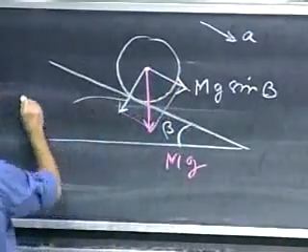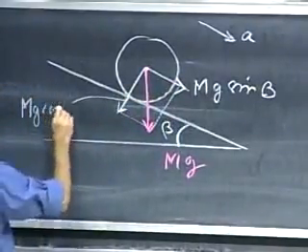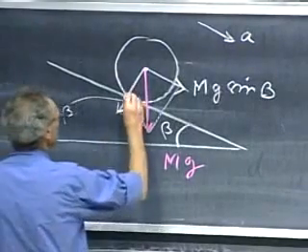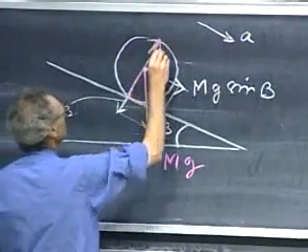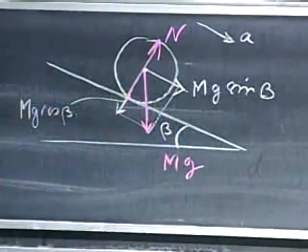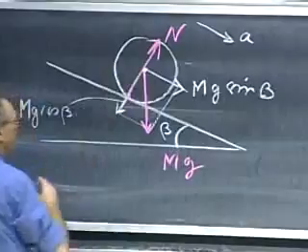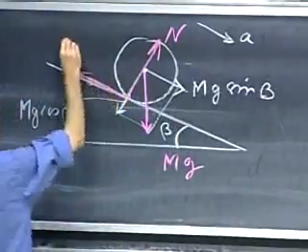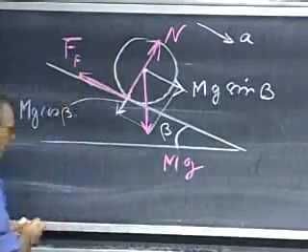And this one equals mg cosine beta. Then there is right here a normal force, and the magnitude of that normal force is mg cosine beta. So there is no acceleration in this direction. And then we have a frictional force here, for which I will write f_f.